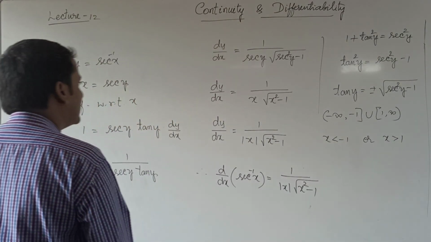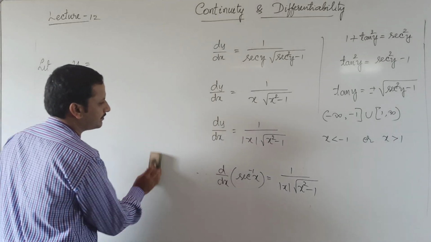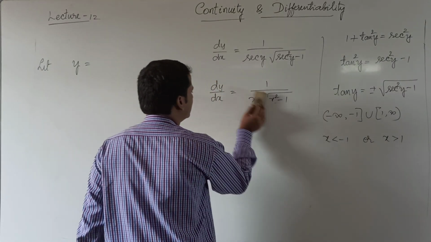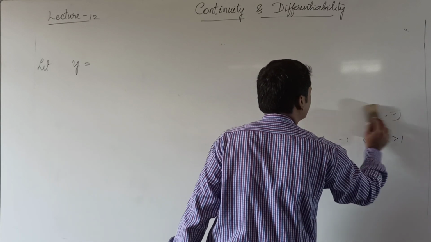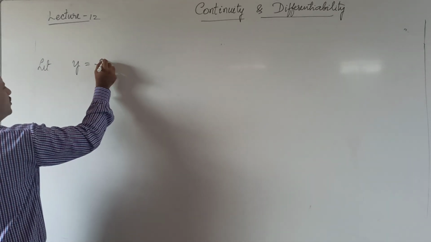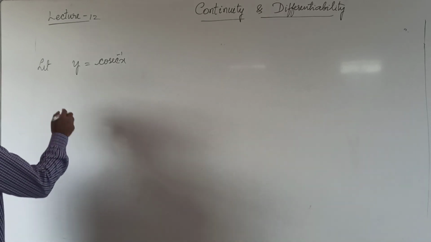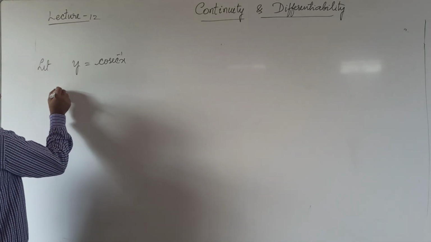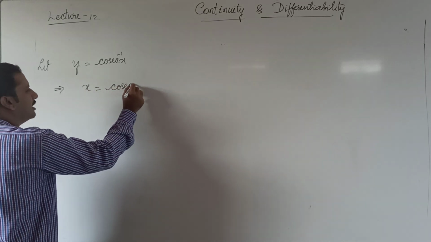Okay. Now let us go to cosecant inverse x. Let y is equal to cosecant inverse x. Then this implies x is equal to cosecant y.